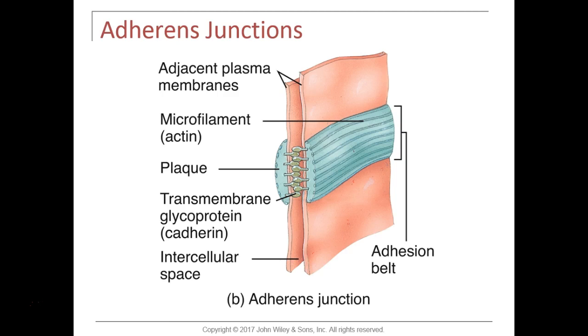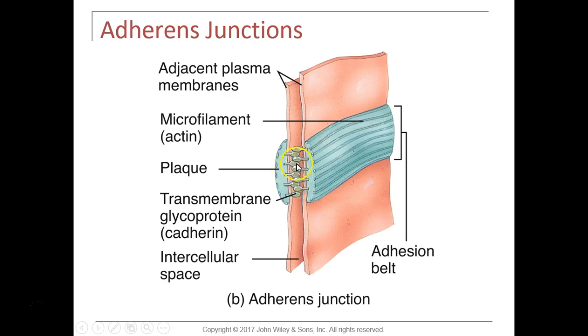Adherens junctions include what we see here, where on the inside of the plasma membrane of a cell, there's something called a plaque protein that spans along the inside. That plaque protein, which is considered to be what is called an adhesion belt, lines up with the adhesion belt in the adjacent cell, and they are linked together by these transmembrane proteins, which are called cadherins.